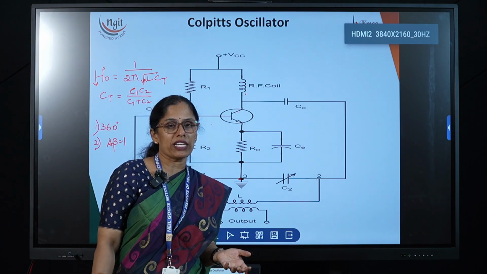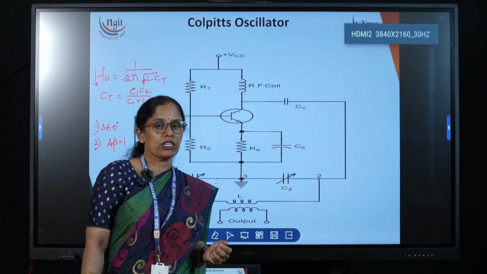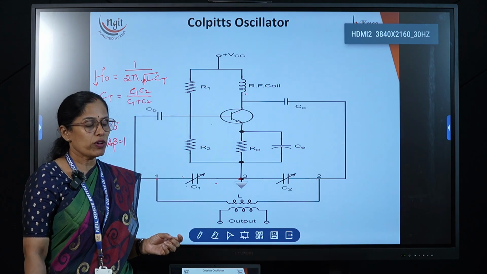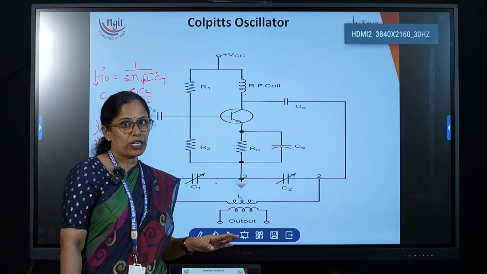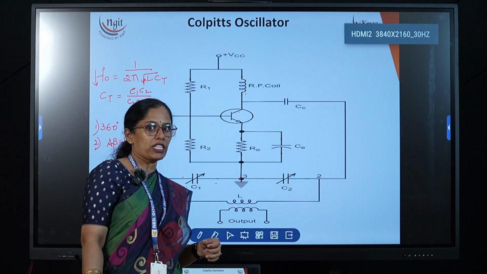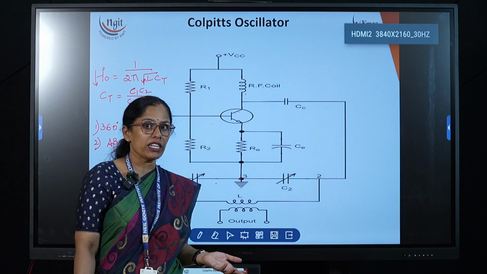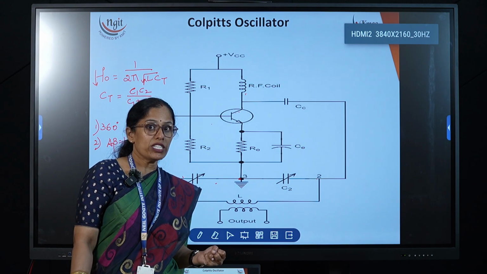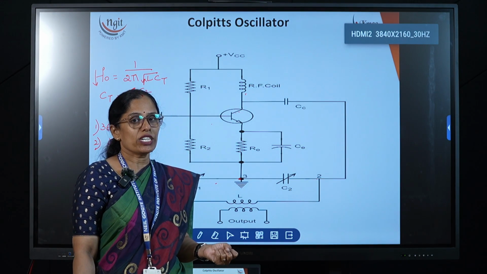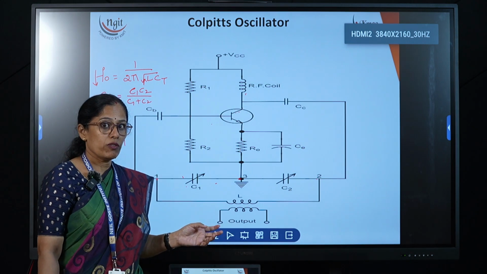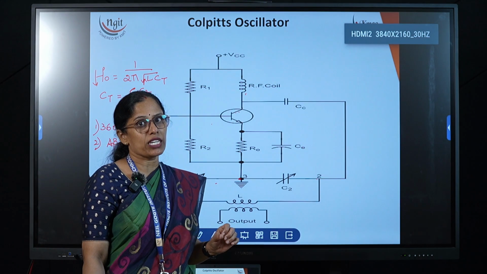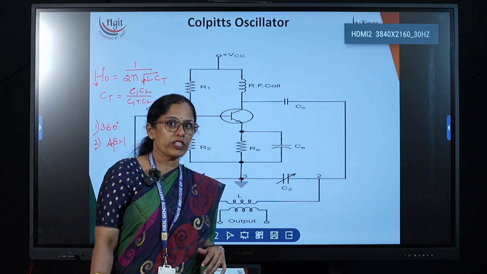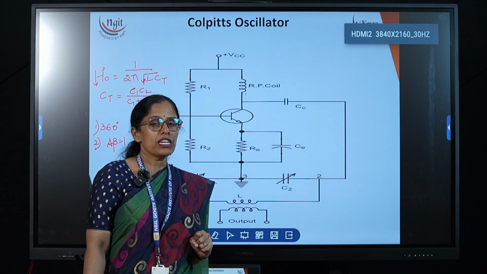So the circuit is bulky in size, and also maintenance complexity increases. So we can generate the low frequencies by using LC, but it is a little complicated, the circuit size increases, cost increases, and noise will be produced. So that's why, using the components R and C, we will generate the low frequency signals. That we will see in the next lecture.